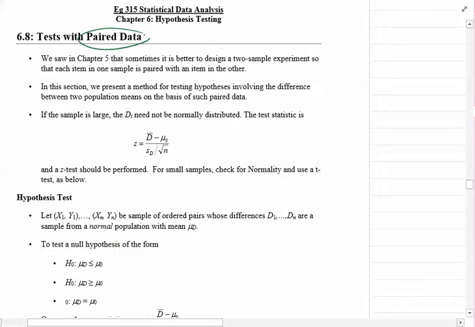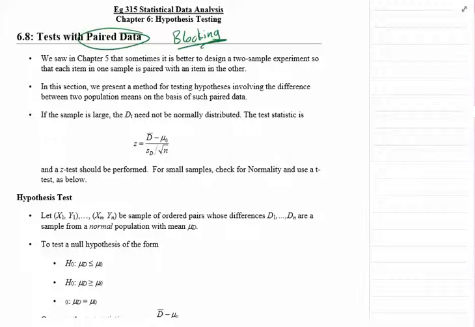The last case, if you remember chapter 5, then you're ready for it, is now we have paired data. Remember we called that experimental technique blocking, which means there is some source of error that we can see before we even do the experiment. It's going to inflate our noise, which is going to make our test less sensitive than it could be.